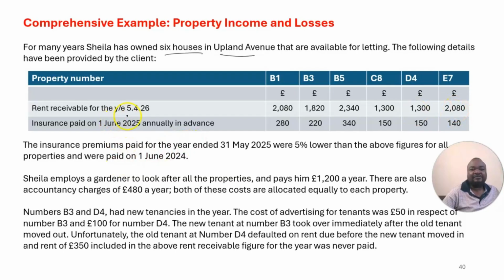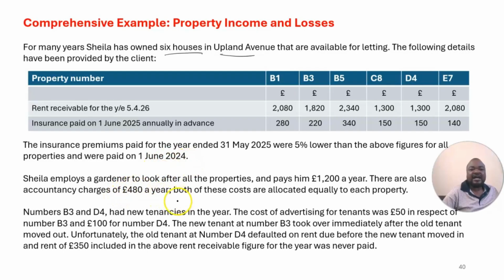Insurance paid on 1 June, annually in advance, is 80, 220, 340, 150, 150, 140. The insurance premiums paid for the year ended 31 March 2025 were 5% lower than the above figures for all properties and were paid on 1 June 2024.